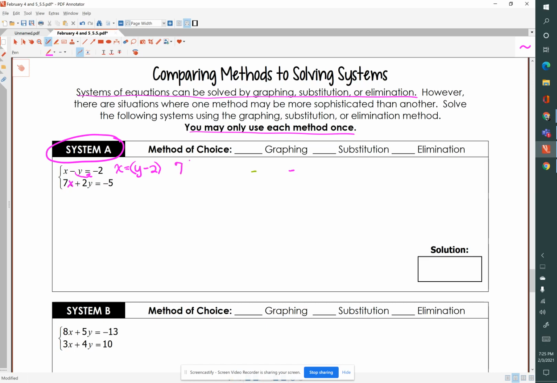So let's do that. 7, and I'll substitute y minus 2, plus 2y equals negative 5. So first we distribute. That will give us 7y minus 14 plus 2y equals negative 5.